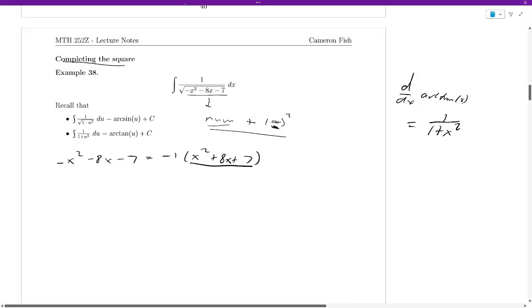So the idea behind completing the square is noticing that this quadratic is not a square quadratic. Right? What's a square quadratic? Imagine I had x plus 1 squared. You can check that when you multiply this out with FOIL, you get x squared plus 2x plus 1. So this polynomial, x squared plus 2x plus 1, is a square.